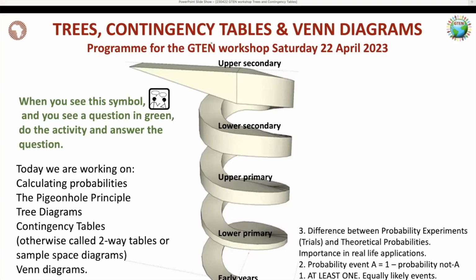Okay. And then we look at the difference between probability experiments and theoretical probabilities and how that's important in real life. For example, with medical trials, like we had during COVID, we don't actually know whether this new treatment or new vaccine will be effective.